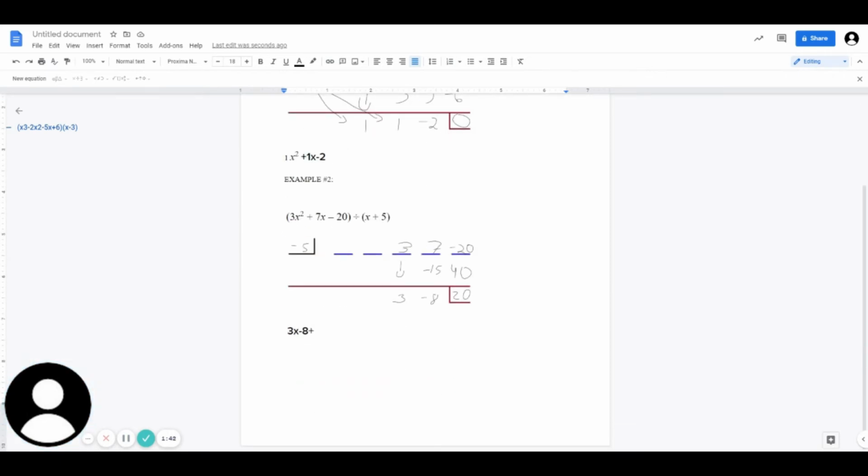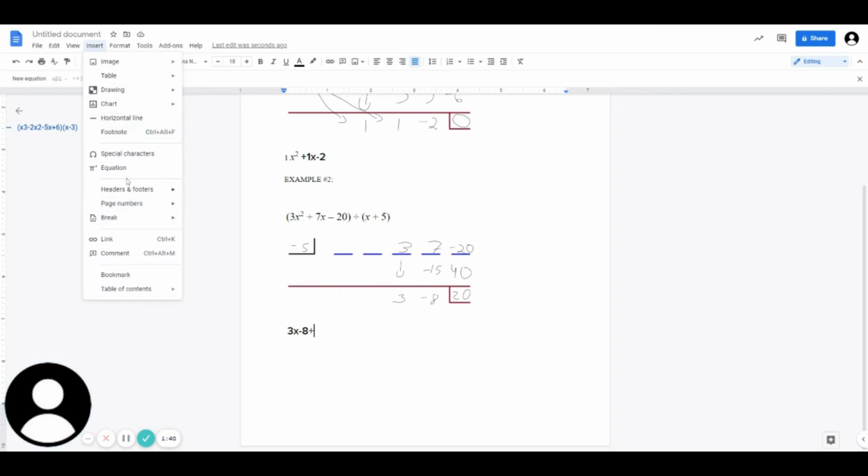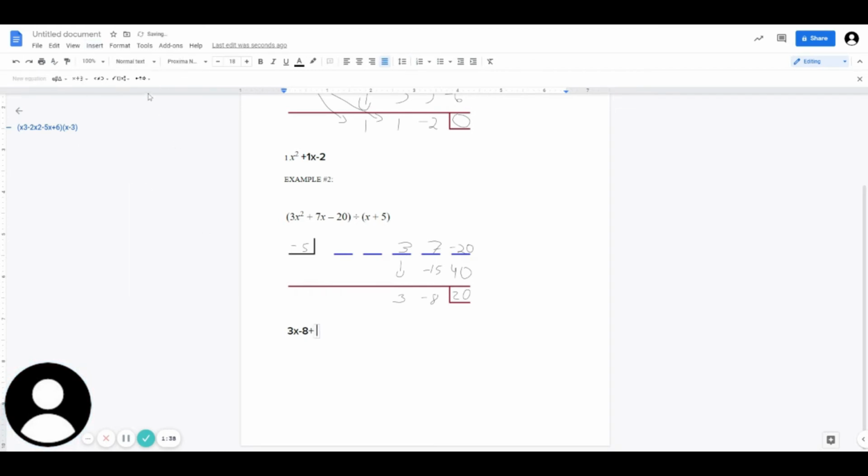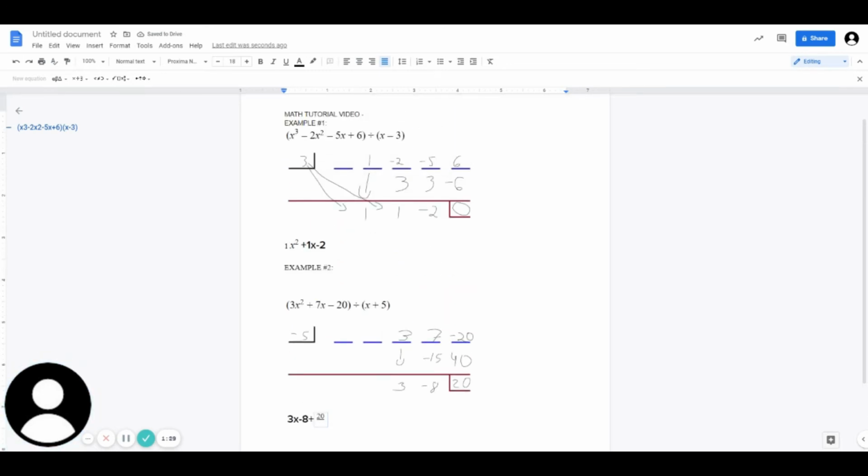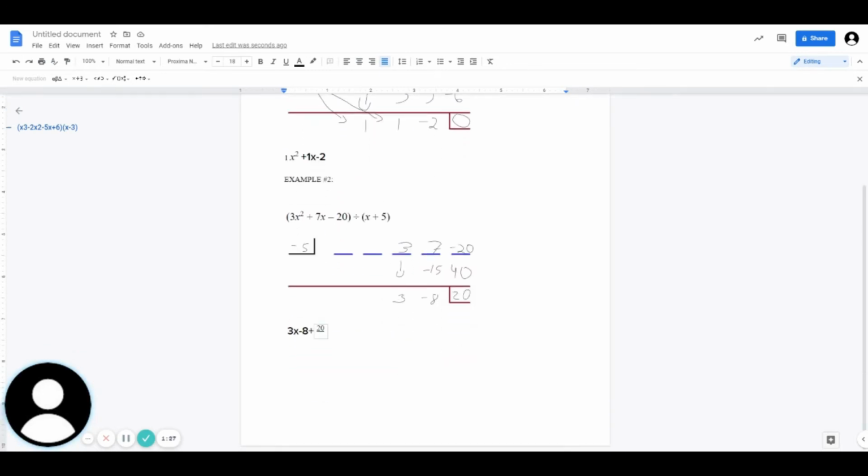So you put, wait, I need to insert the equation here, and it will be plus 20 divided by the number that's here, which is x plus 5, since it's not factorable.